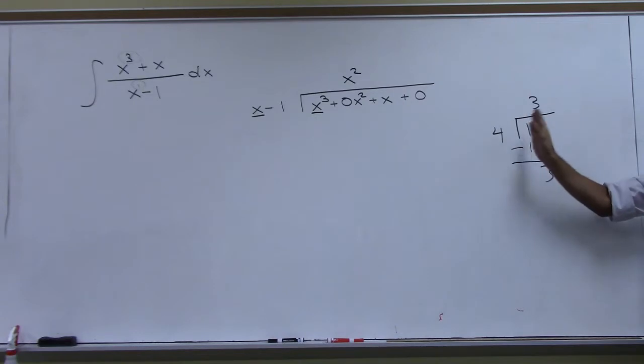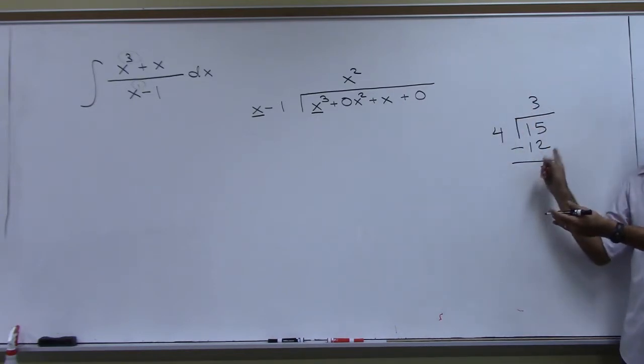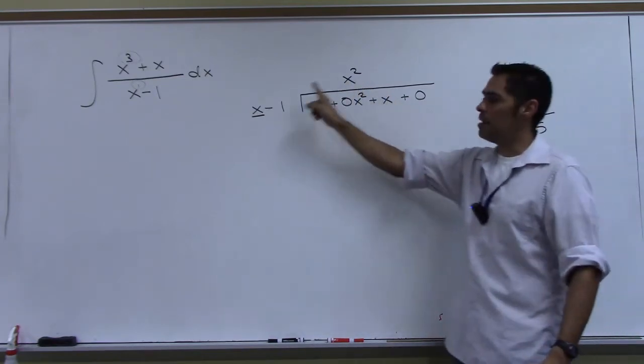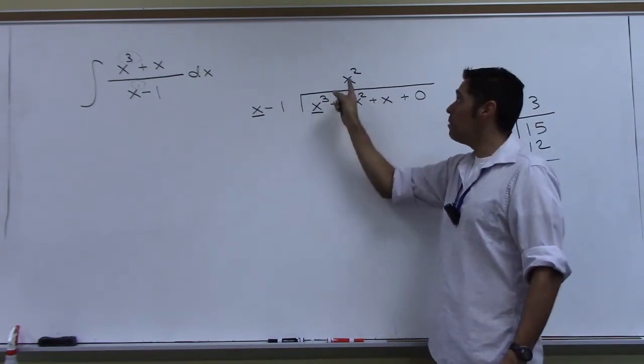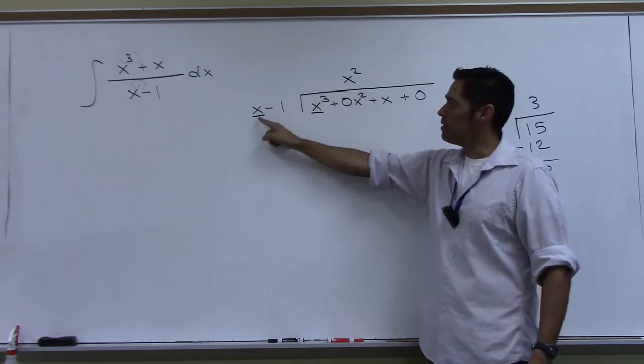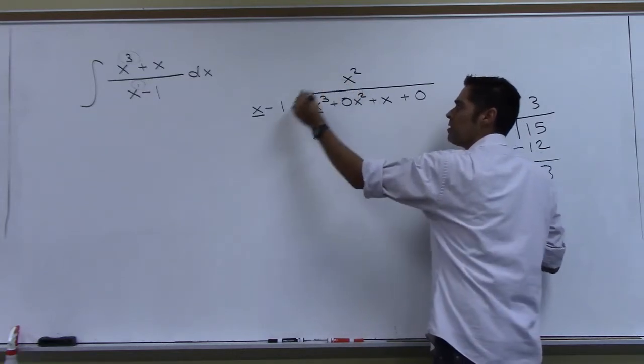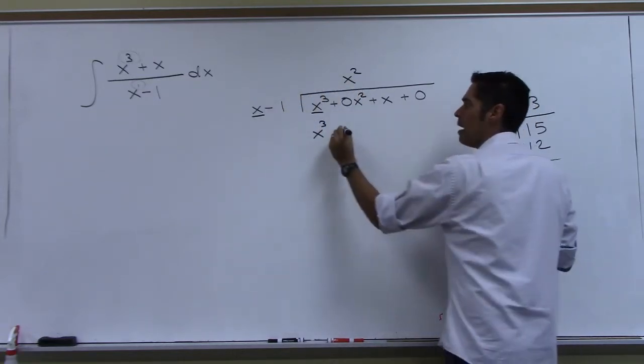And then, just like over here, when you said 4, the next step was to multiply 3 times 4 to get 12, right? So that's what I'm going to do. I'm going to multiply this times this. But when we do that, we multiply this times each one, right? So what's x squared times x? X cubed, I put it underneath the x cubed. What's x squared times negative 1? Minus x squared.